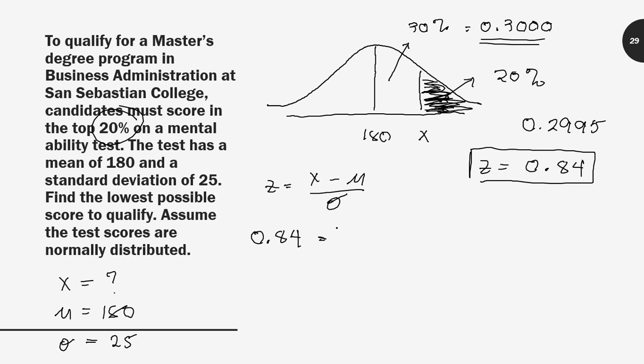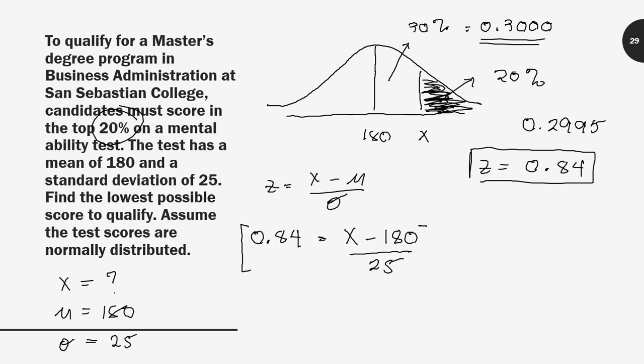Equal. So si X, wala pa po tayong value kasi yan ang pinahahanapin natin, while the mean is 180, and then the standard deviation is 25. So first thing is to remove the denominator for yung fraction form.